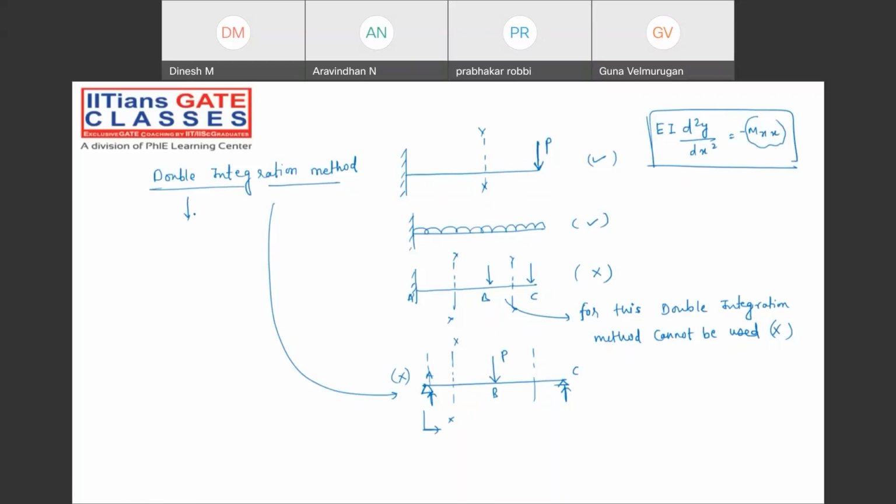So it is suitable when the equation of bending moment at a section remains constant throughout the length of the beam.